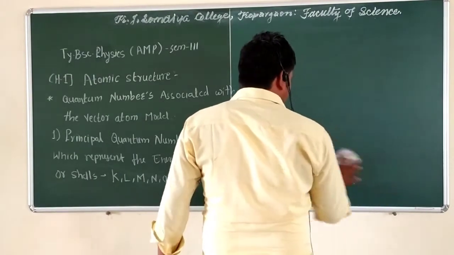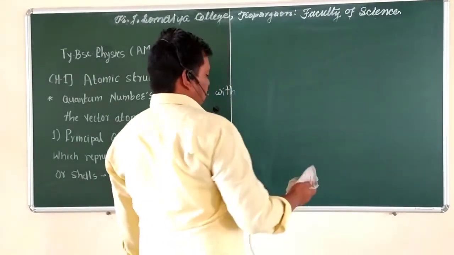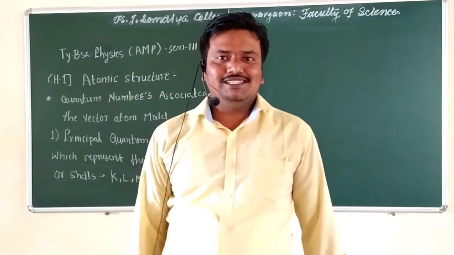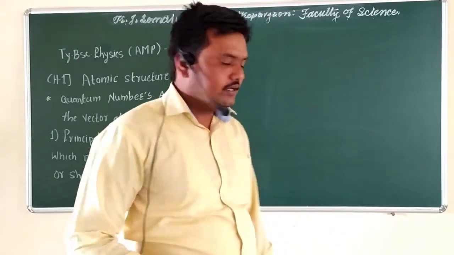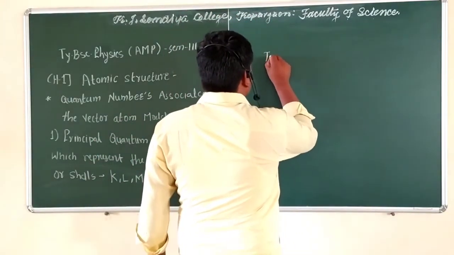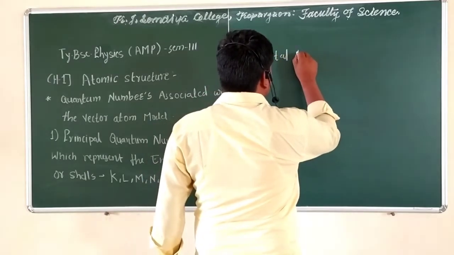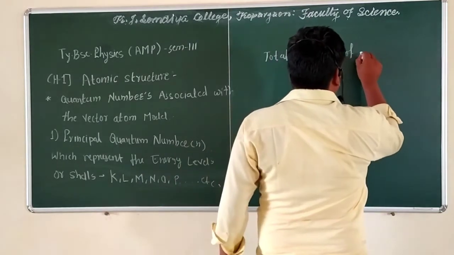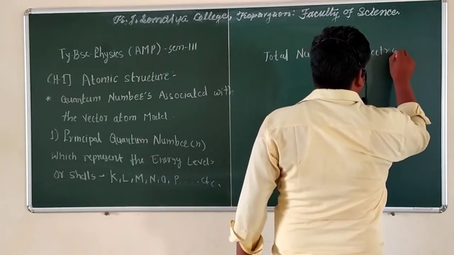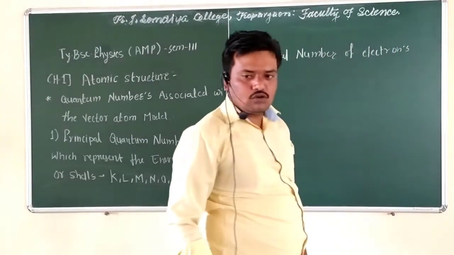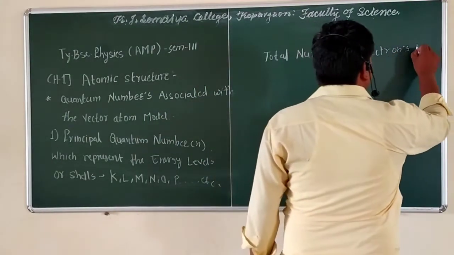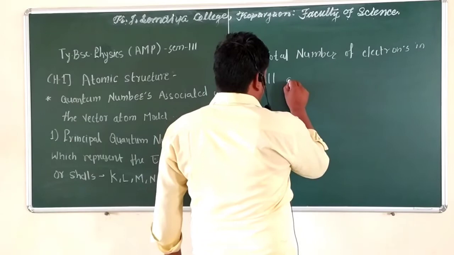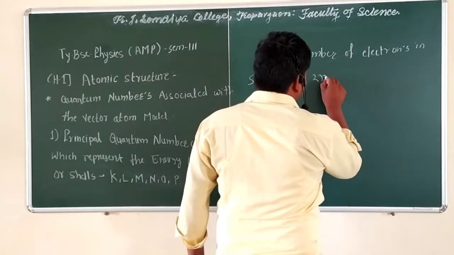So in which shell, suppose for example K shell or L shell or M shell, how many electrons are in this shell? That is denoted by the total number of electrons in a shell, which is 2n square.